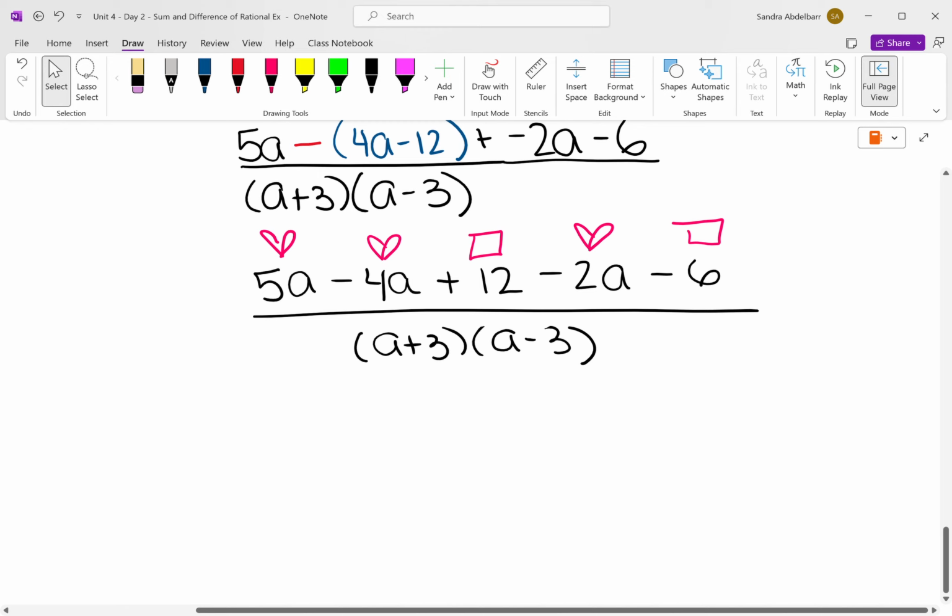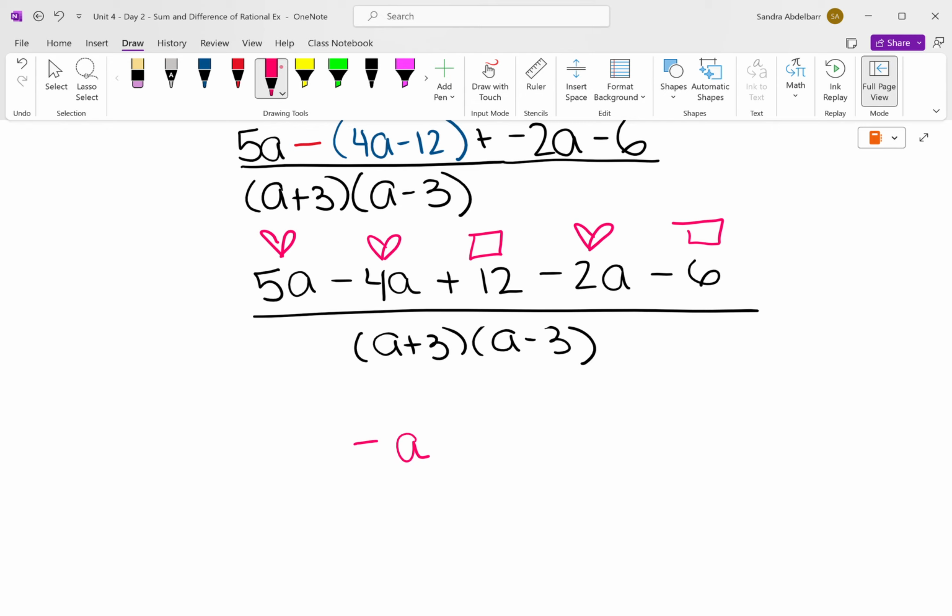Okay, so now we combine our like terms. 5a minus 4a is 1a. 1a minus 2a is -a. And then we are going to have 12 minus 6 is +6.